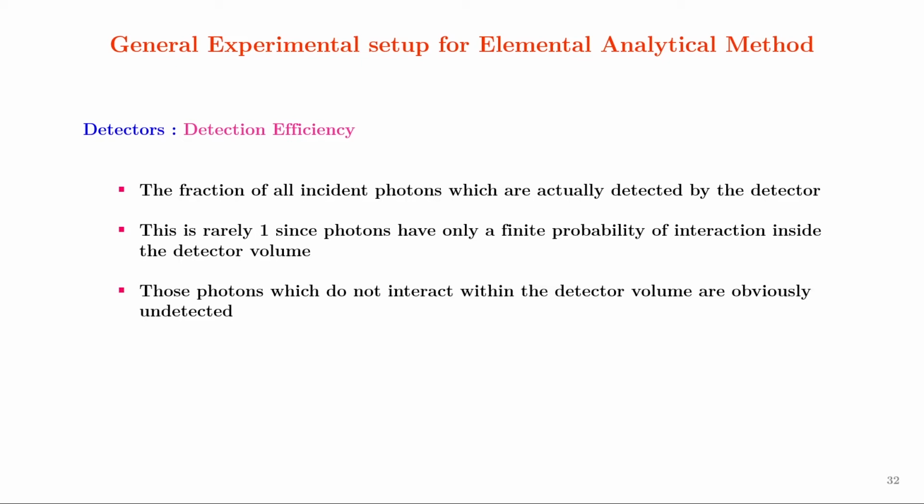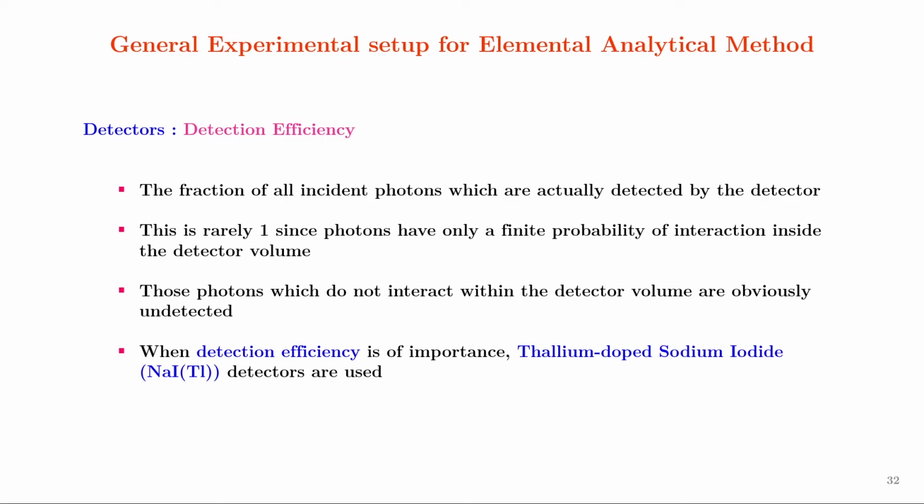Those photons which do not interact within the detector volume are obviously undetected. When detection efficiency is of importance, thallium-doped sodium iodide detectors are used. When high resolution is needed, we will go for germanium detectors.